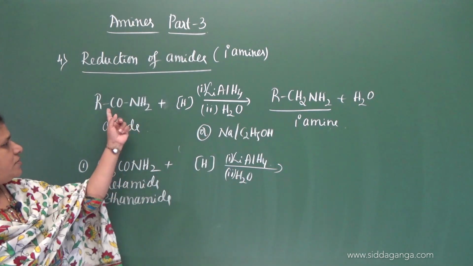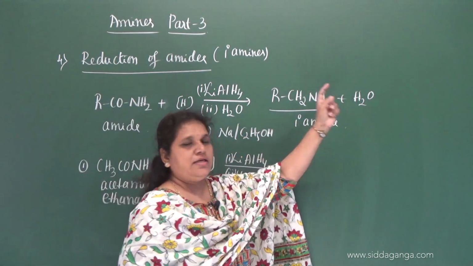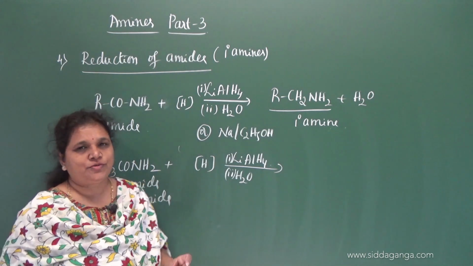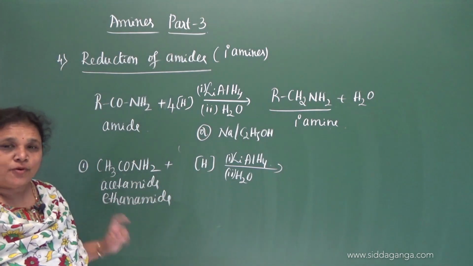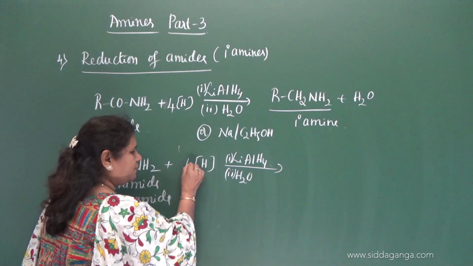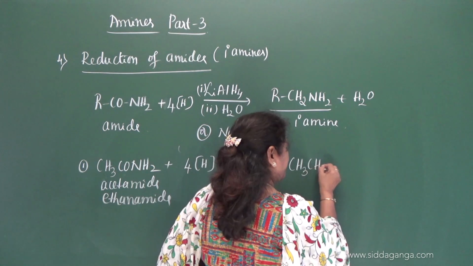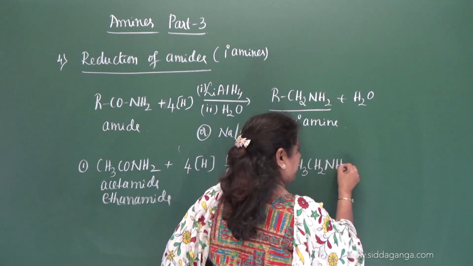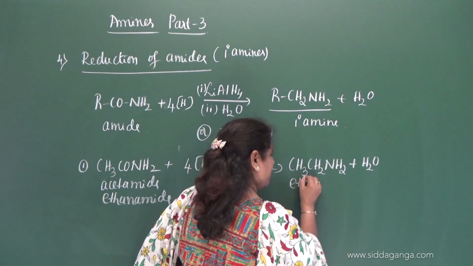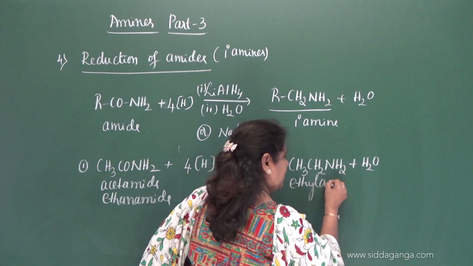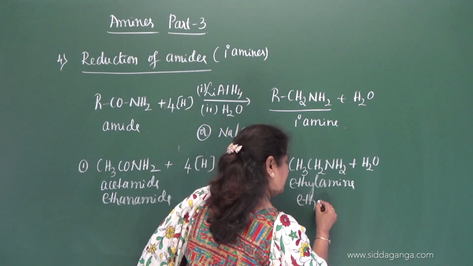Then CO is converted to CH2 and one oxygen is converted in the form of H2O. Therefore, if we want to balance the equation, it demands 4 nascent hydrogen. Here also 4 nascent hydrogen reduces ethanamide to ethanamine with the formation of water. So what is the common name here? Ethyl amine or ethanamine.